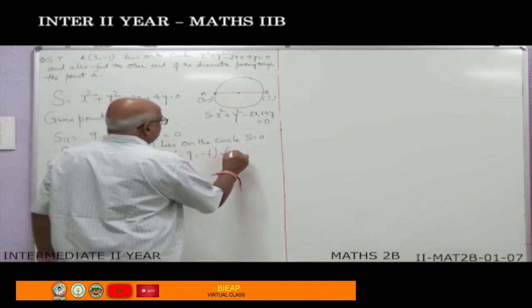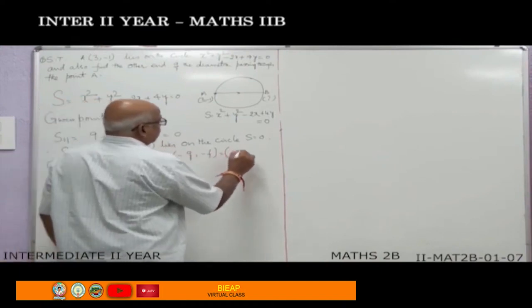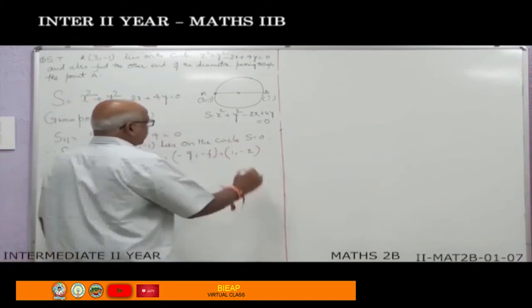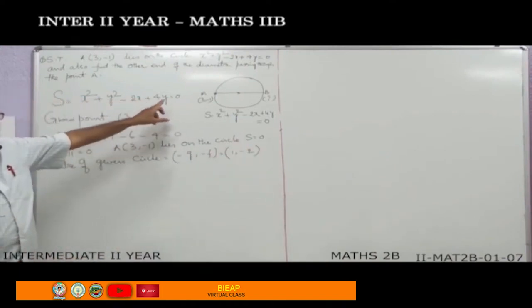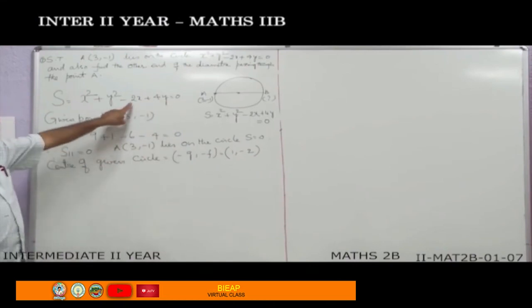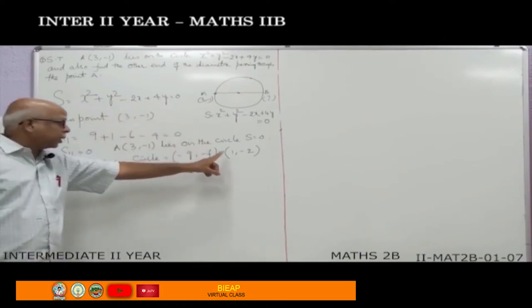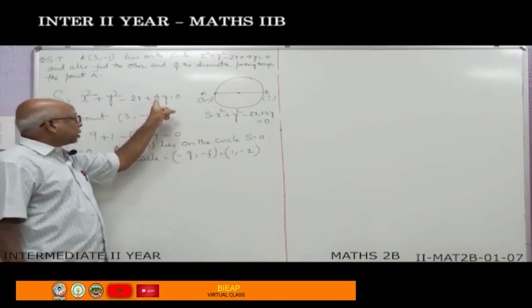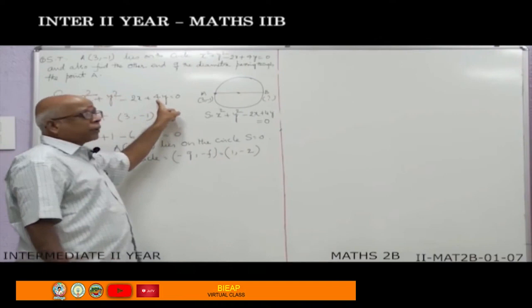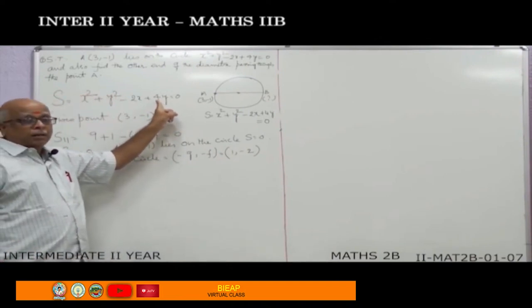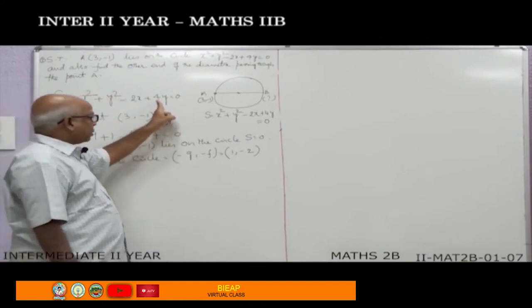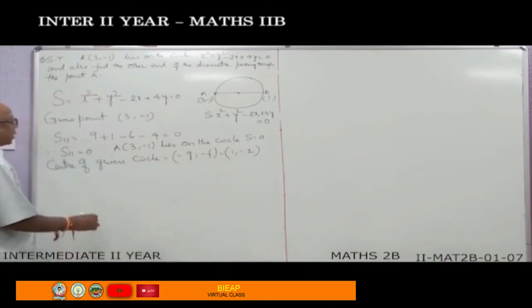Minus g, that is 1, minus f, that is minus 2. Minus into minus, plus 1. Center coordinates: minus f, half of the y coefficient with change of sign, that is nothing but minus 2.